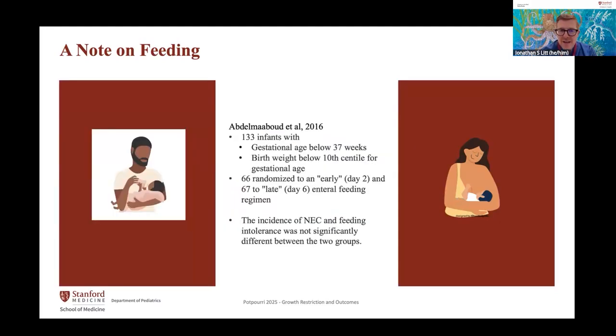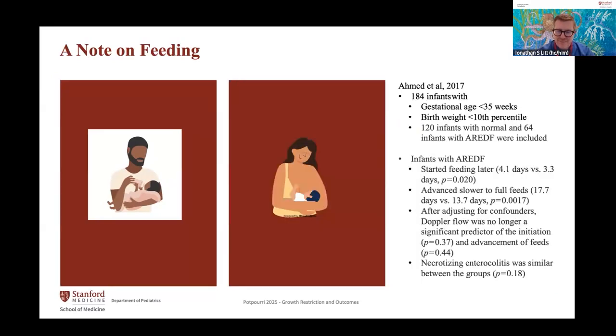In another study of 133 infants with gestational age below 37 weeks, and again, birth weights below the 10th percentile, infants were randomized again to early and late feeding. And in this small study, they found that incidence of NEC and feeding intolerance weren't really different between those two groups, which I have to say is reassuring to me as a clinician.